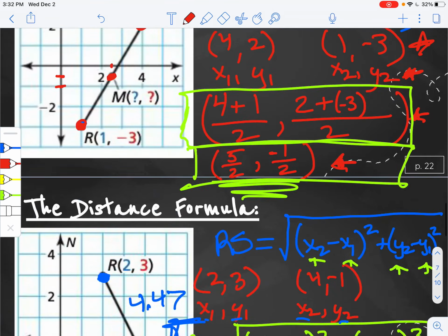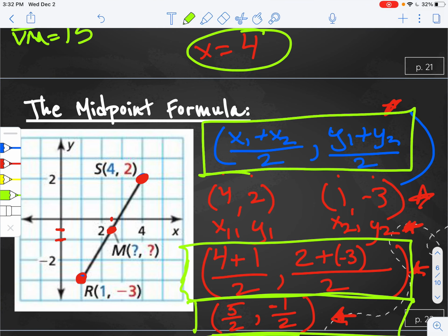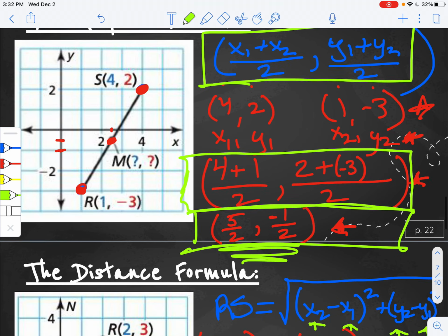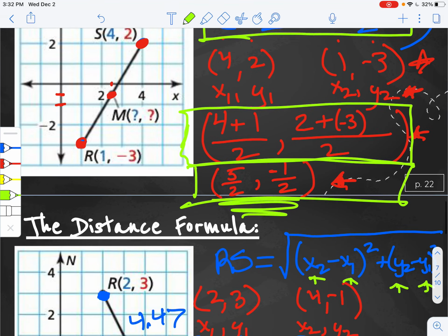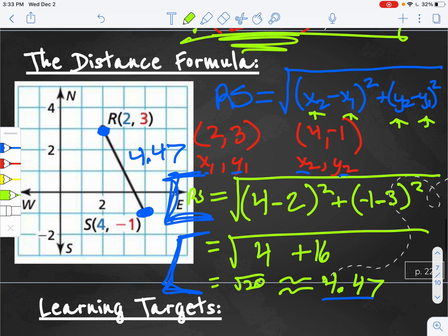Students will be able to use the midpoint formula to find the midpoint of a segment. So the midpoint formula, again, you'll want to have it written down, but that is this formula right here, and you can find that in your textbook on page 22 if you wanted more information or a clear look at it. And you will have practice using the midpoint formula in the practice for this lesson.